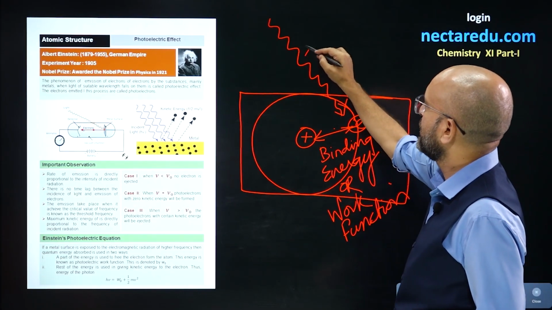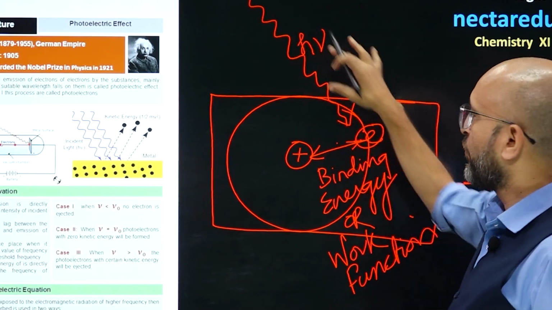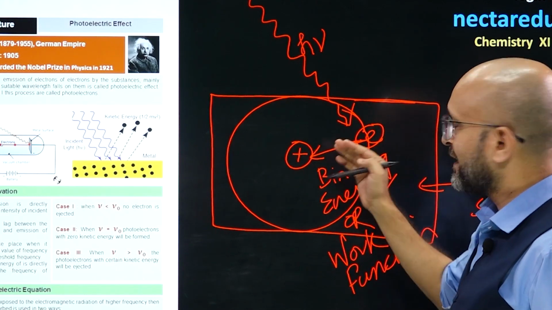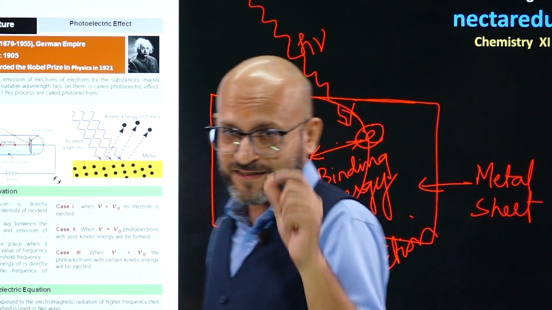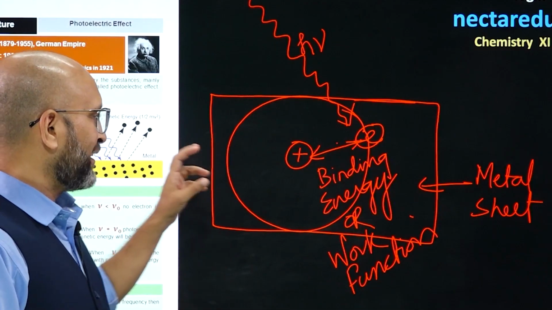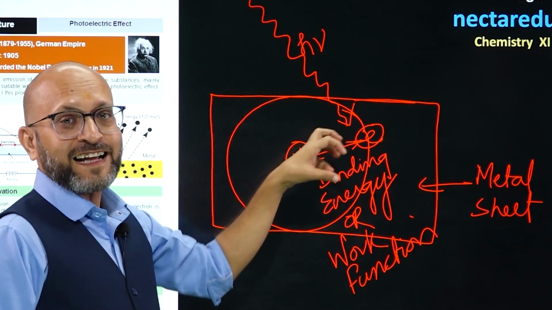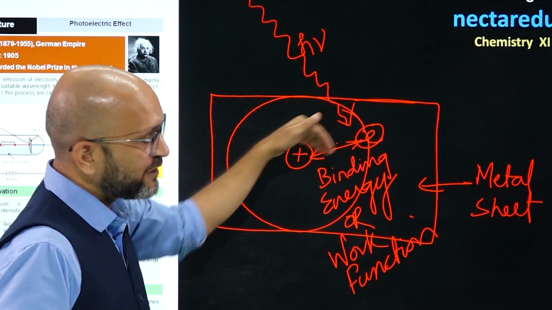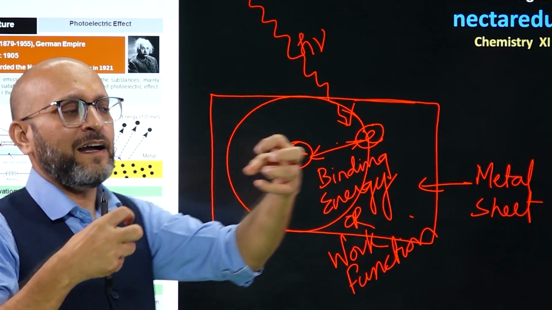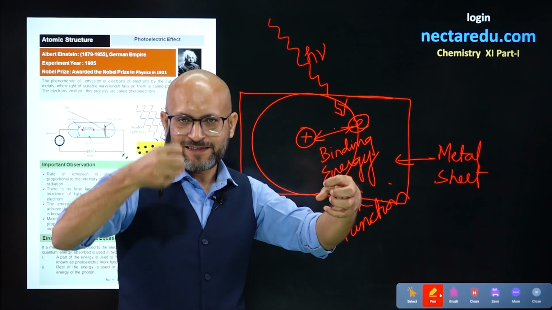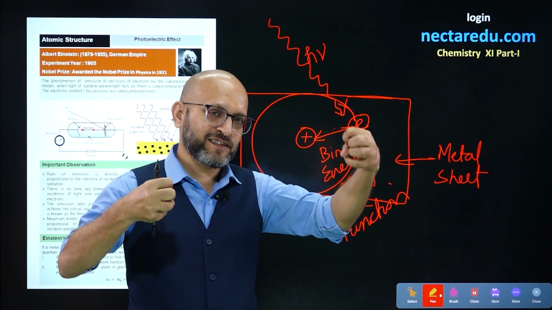So when light, let's say sunlight, falls on an electron, what it needs to do is remove the attraction of the nucleus on the electron. Let's suppose this is the nucleus and this is the electron.